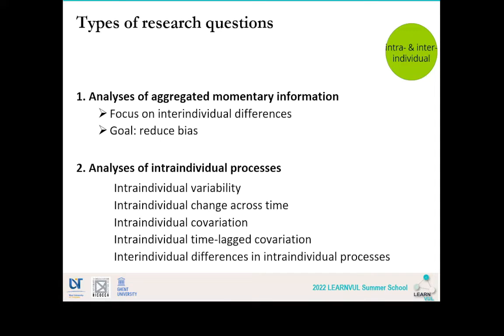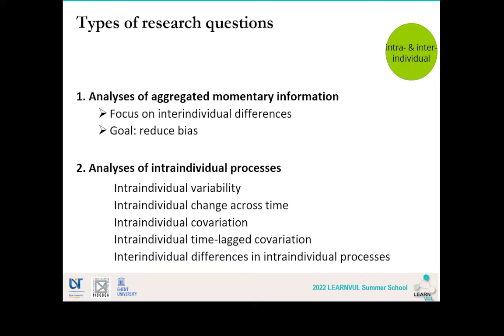The time lag, I will tell you about that: how anxious I'm feeling right now will influence how I will behave with others at time plus one. That will be a cross lag. And inter-individual differences in intra-individual processes.